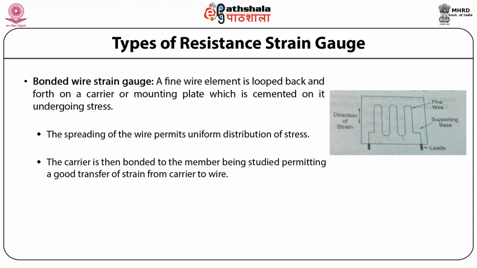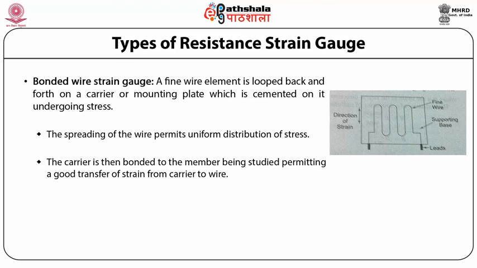Etched foil gauge construction consists of first bonding a layer of strain sensitive material to a thin sheet of paper or bakelite. The portion of the foil is covered with the appropriate masking material, and the portion which is not masked is removed, leaving the desired grid structure.